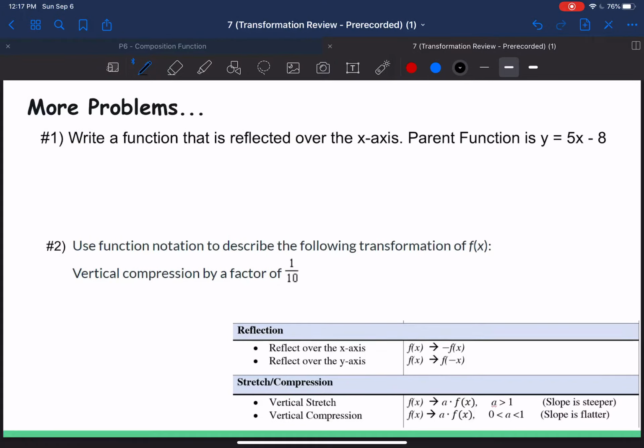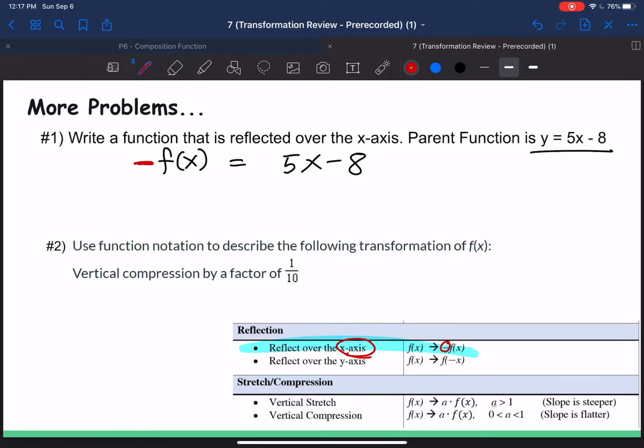The parent function is this one. Reflect over the x-axis. We're using this. My f of x, the parent function, was 5x minus 8, right? When we reflect over the x-axis, all we have to do is multiply by a negative.